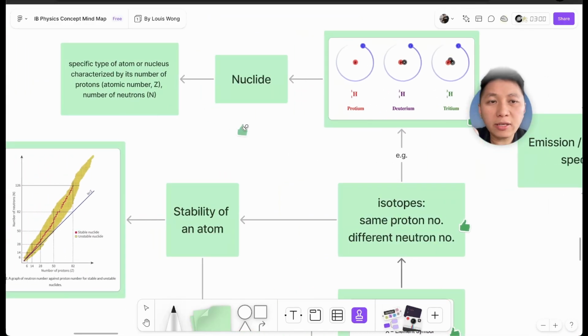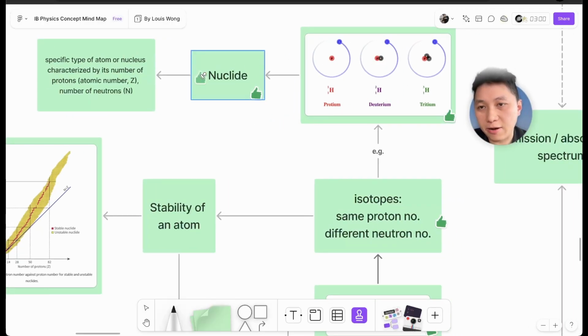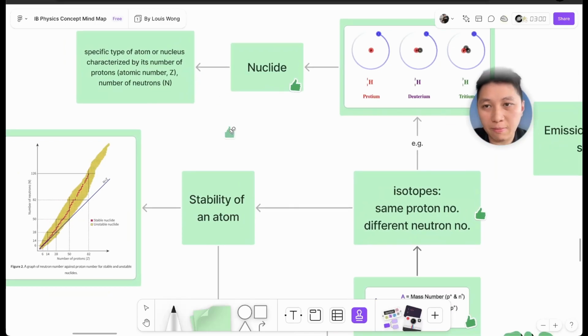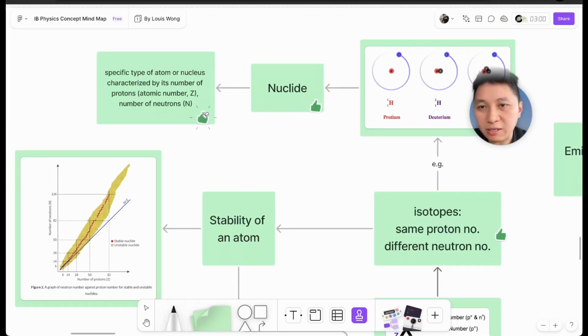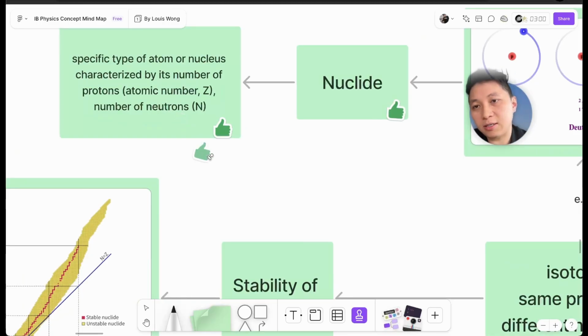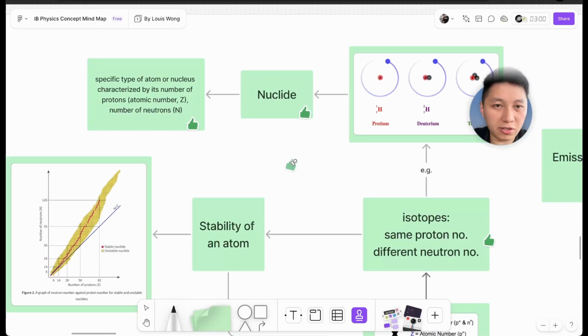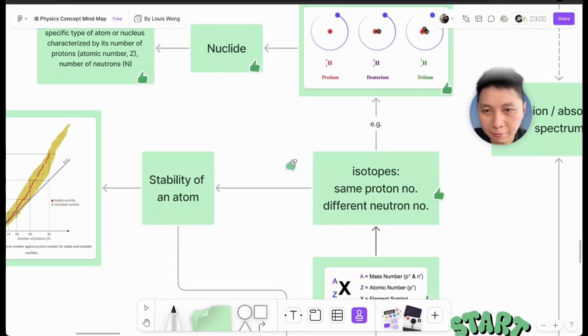Although they are all hydrogen, they are isotopes, and each of them is called a different nuclei. So there are 3 nuclei in this diagram. I hope you know what that means. It's a specific type of atom or nucleus that is characterized by the proton number and neutron number. As long as that number is different, then it's a different nuclei.